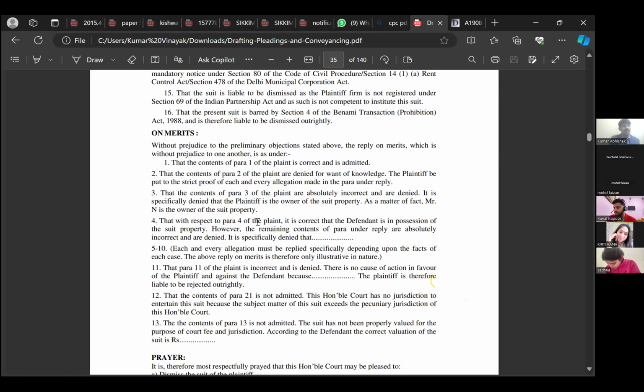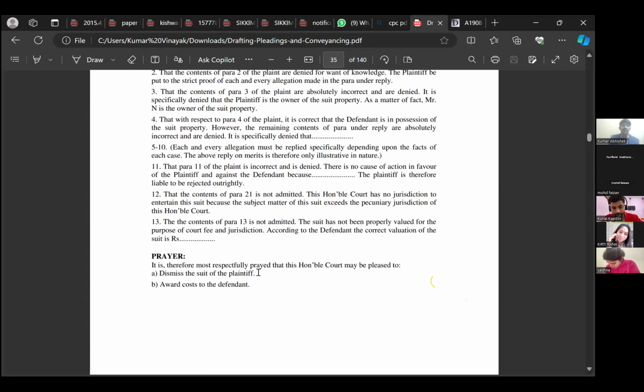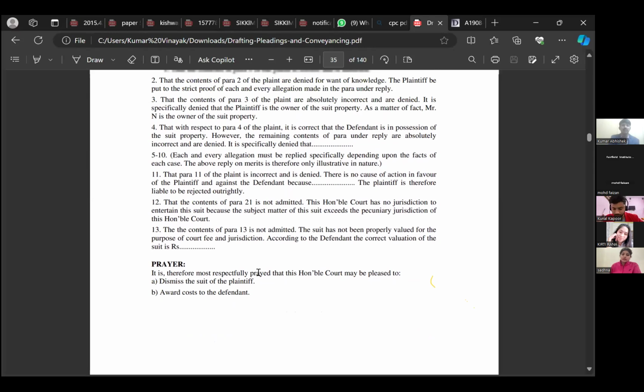So when I say that I am the owner, and you say that no, you are not the owner, some third person is the owner, it is a clear rebuttal. As far as possible, the rebuttal should be clear. If there is ambiguity in the rebuttal, the court may be bound to draw an inference, obviously on the basis of the evidence. So these are certain things that have to be kept in mind.